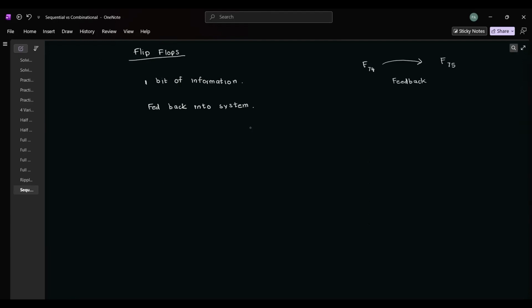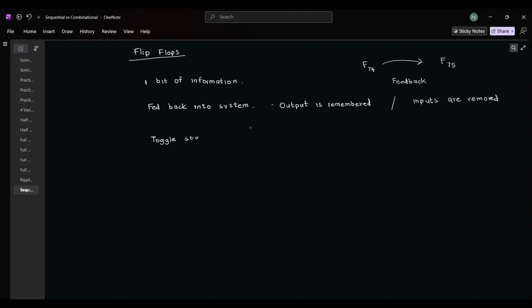The output is remembered even after the inputs are removed. After inputs are removed, the outputs are still remembered. That is another thing about flip-flops.